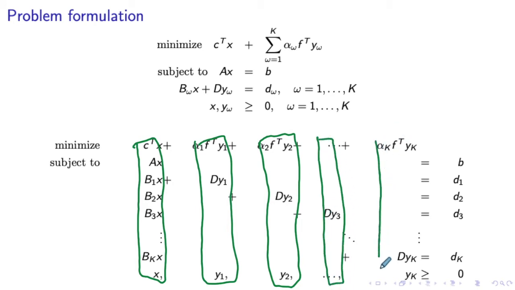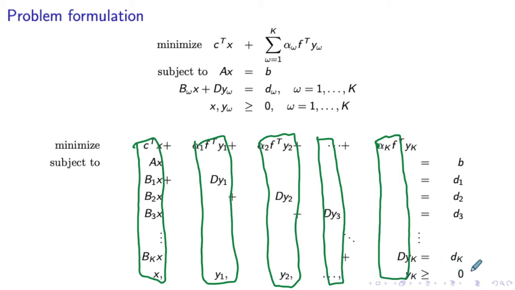Finally, the block corresponding to the YK columns. Then looking at the dual, we can see that there will be a block of constraints involving pretty much all the dual variables, but then the remaining blocks of constraints will have the block diagonal structure.